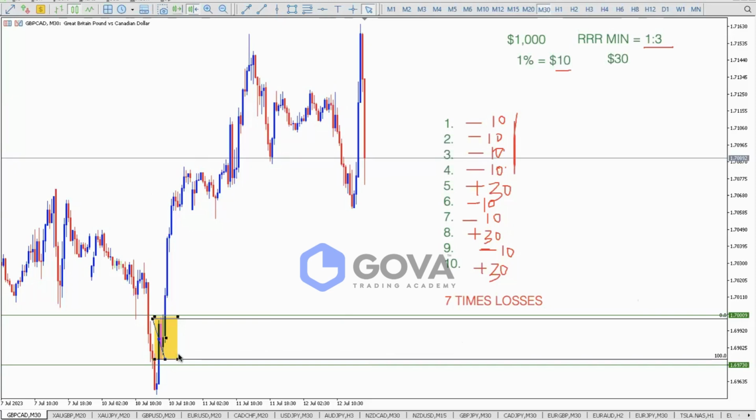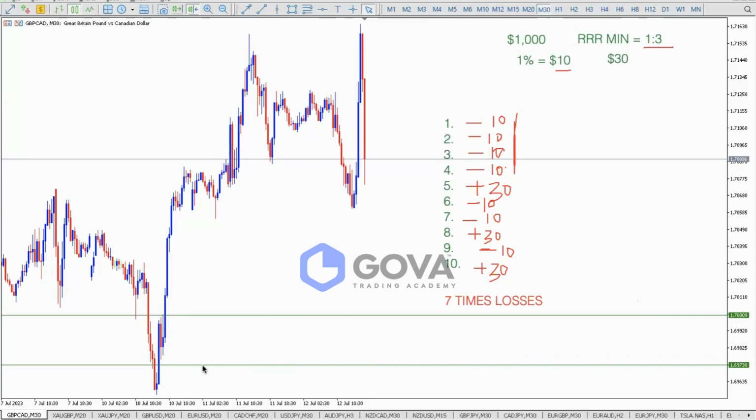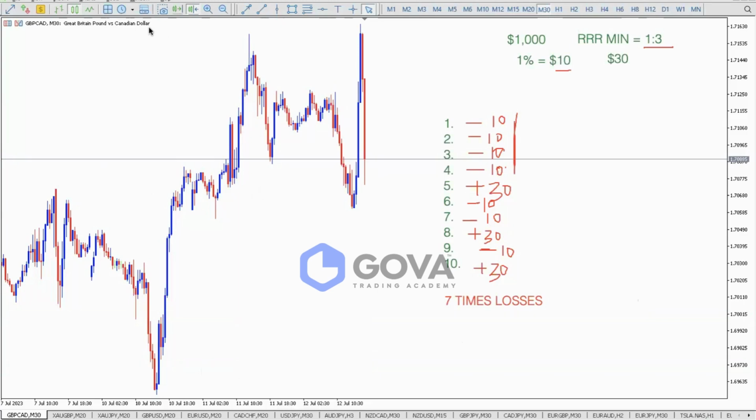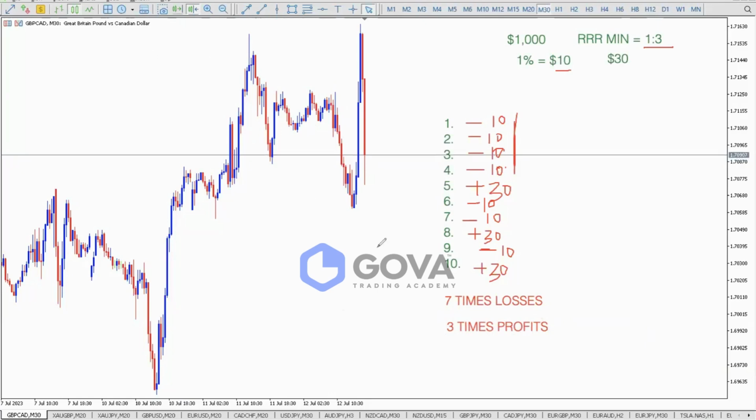Let me just delete this area out. Now, how many times did you make profit? You made profit 3 times. So you can see even when you are right about 30%, you were still profitable even after losing 70%.